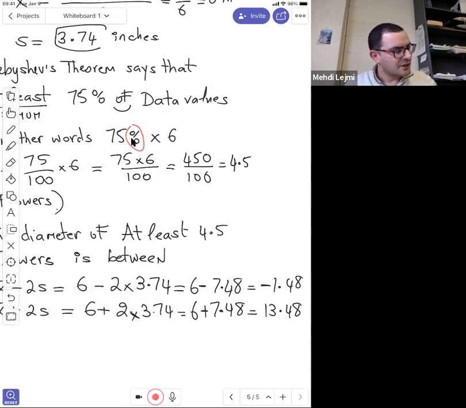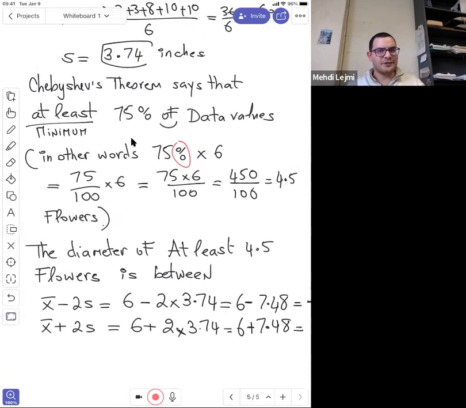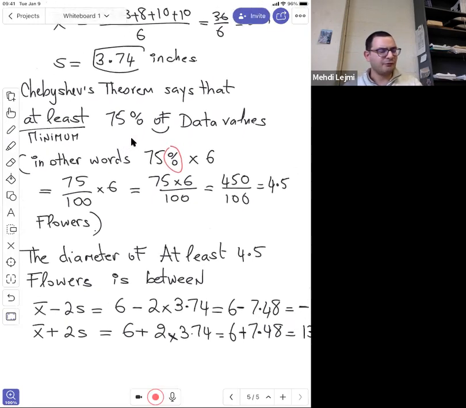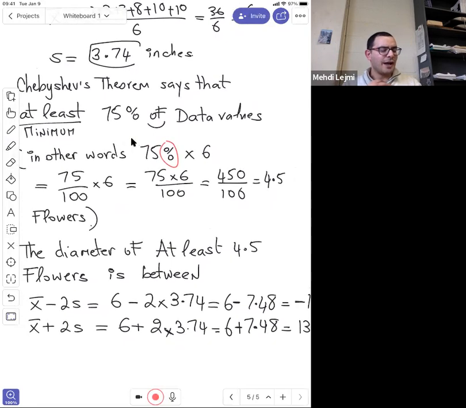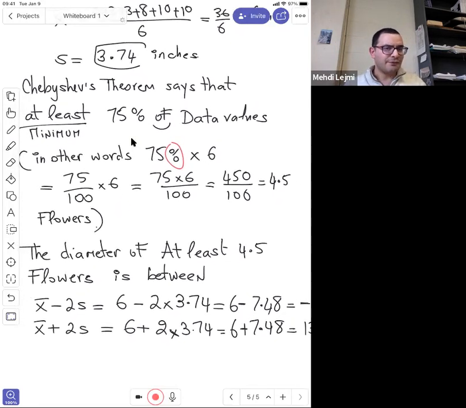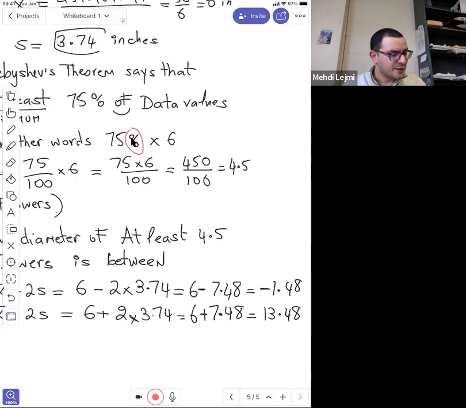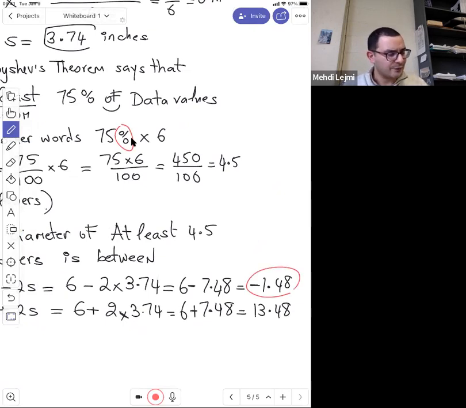So what we are saying here is that at least 4.5 flowers. We have 6 flowers actually, not 4.5. 4.5 means 4 flowers and a half. But we are saying at least 4.5 flowers have their diameter between negative 1.48 inches and 13.48 inches.